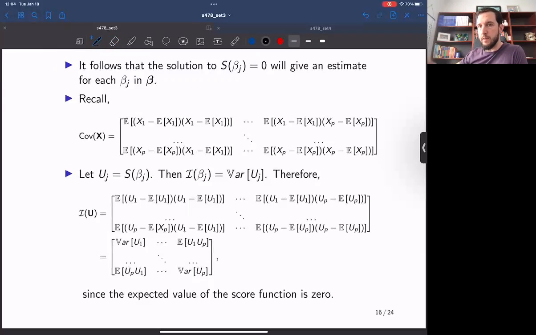The diagonal elements of that matrix are the variance for each component of the vector. So you can see here we have the expected value of x1 minus its expected value times x1 minus its expected value. That's the definition of variance. And then the off diagonal elements represent the covariance between each component in that vector.